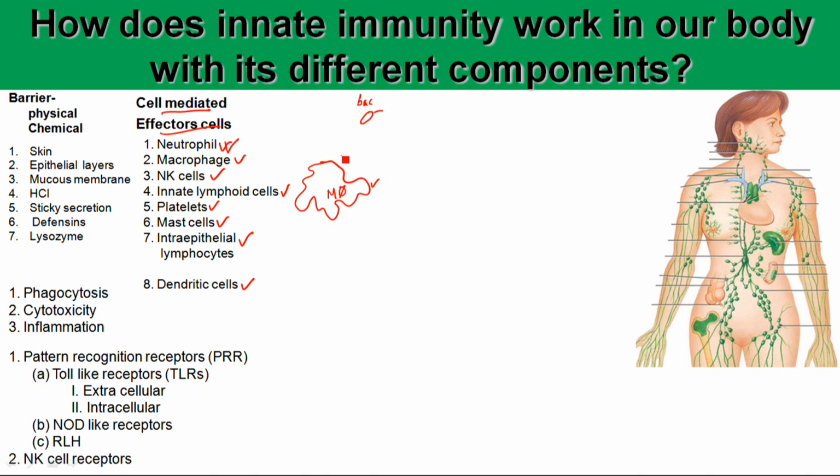Bacteria and virus have a special type of cell surface molecule that can be recognized by this neutrophil and the macrophage. And when this phagocytic cell recognizes that this is the bacteria and not the self cell, they attach this bacteria to their cell surface and then they engulf. That means the bacteria get inside of this phagocytic cell, the neutrophil and the macrophage.